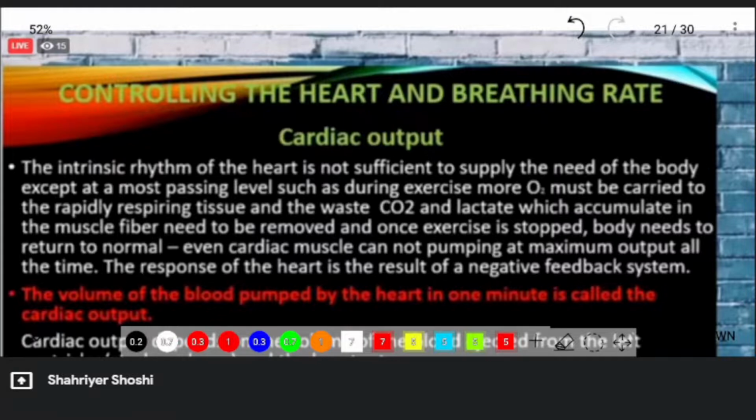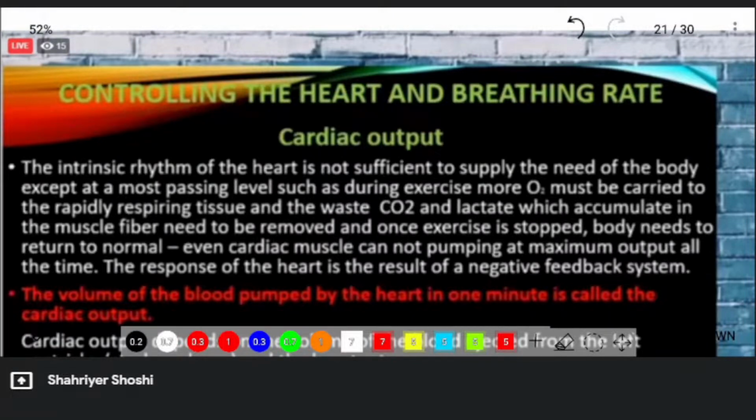During exercise, more O2 must be carried to the rapidly respiring tissue, and the waste CO2 and lactate, which accumulate in the muscle fiber, need to be removed. Once exercise is stopped, the body needs to return to normal. Even cardiac muscles cannot pump at maximum output all the time. The response of the heart is the result of negative feedback.